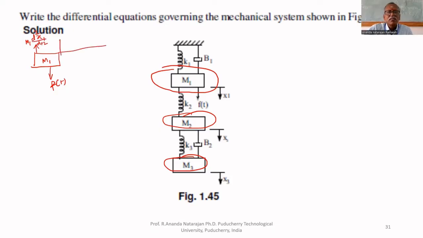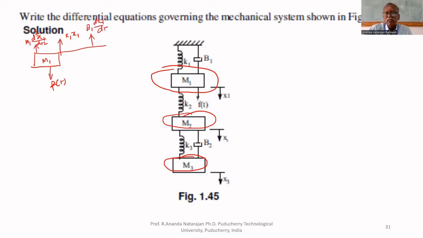What are the other forces? Because of spring K1, the other end of the spring is fixed, that's why K1 multiplied by x1. Because of B1, B1 multiplied by dx1 upon dt.